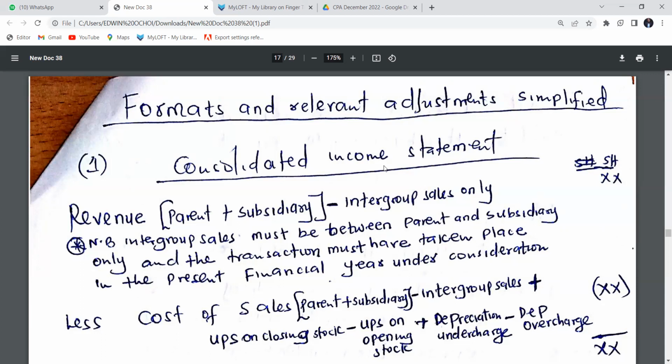All right. So when I say formats of consolidated income statement, you need to understand that this work will be done direct when I will be doing consolidation. When we talk about revenue, you take the parent plus subsidiary, you minus intergroup sales, the ones which took place between the parent and subsidiary only.